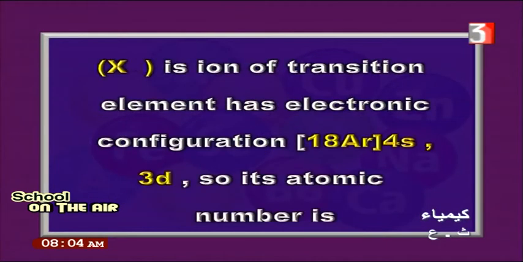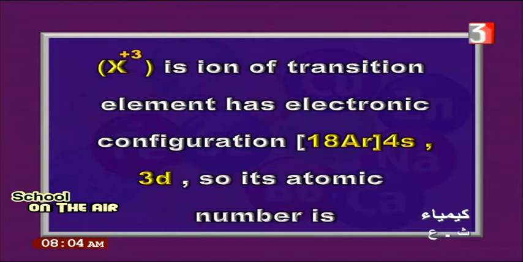What about this question? I have X ion, an ion of a transition element. This ion needs a charge: yes, X positive 3. Now I have the ion.